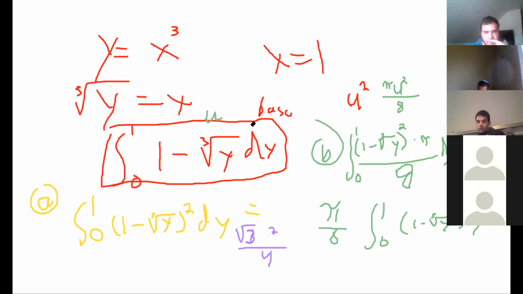I don't want to solve it again. Yeah. Okay, thank you. All right, so then plug in u, write the integral, move out the constants. Your final setup is root 3 over 4 times the integral from 0 to 1 of 1 minus cube root y squared dy.